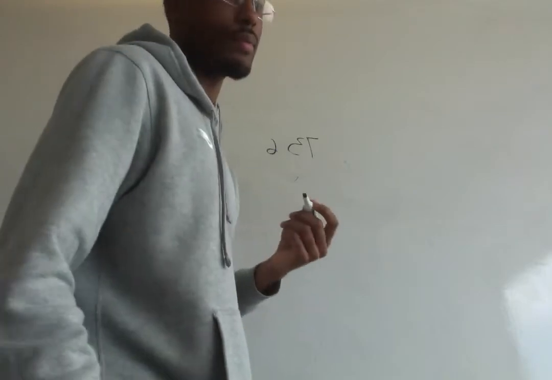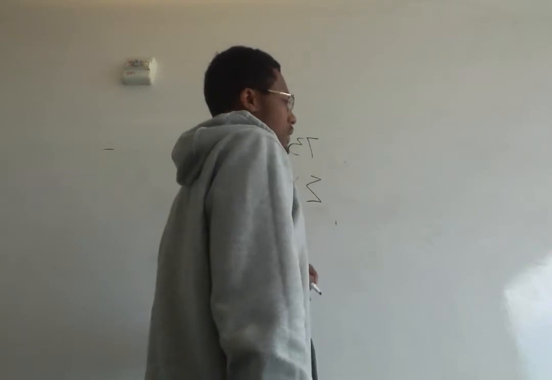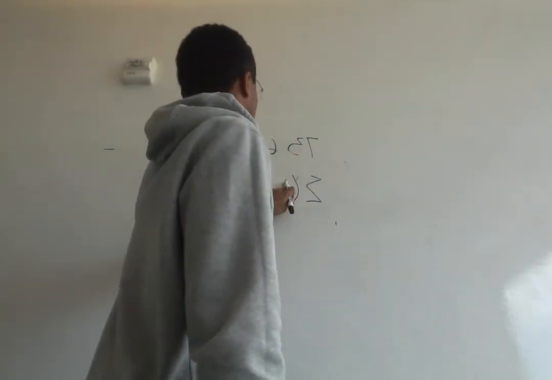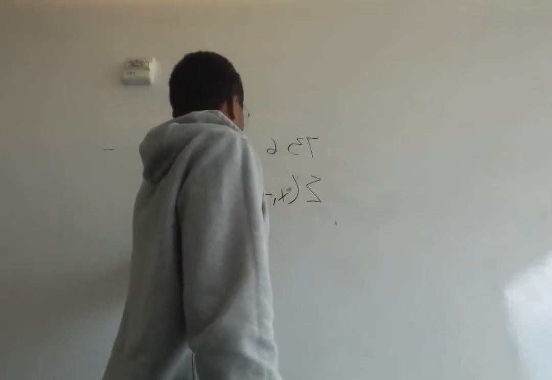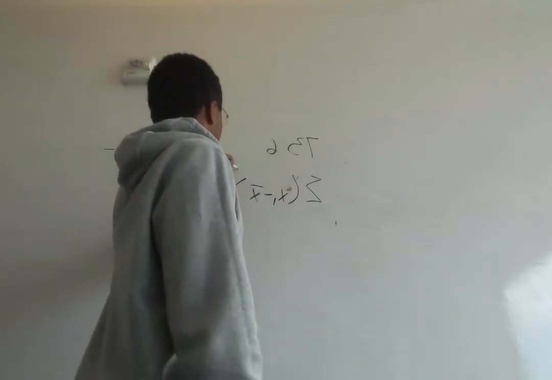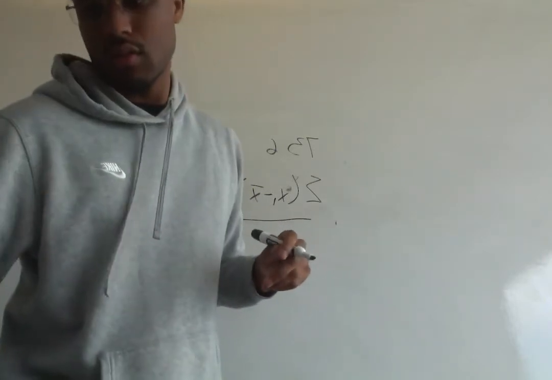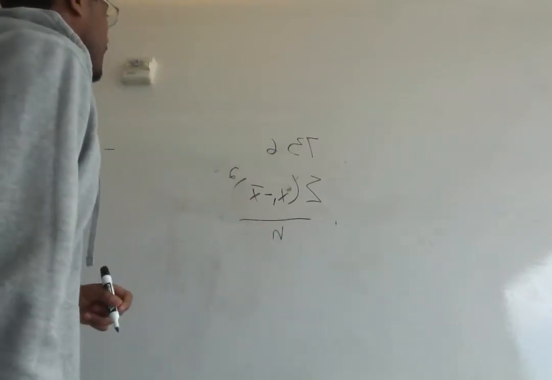The formula for finding variance is the sum of x minus the mean, so whatever number you have minus the mean, squared, over the number of test scores that we have here.